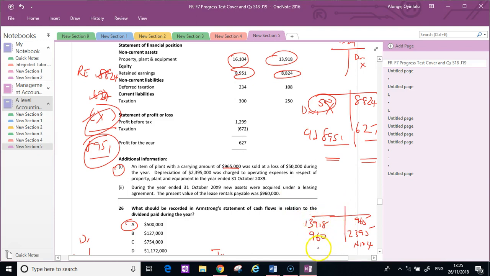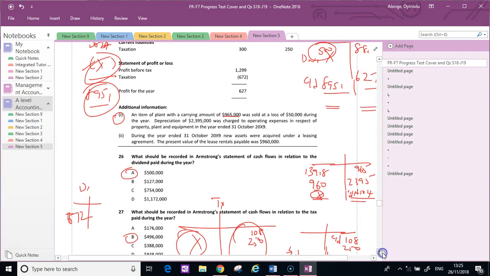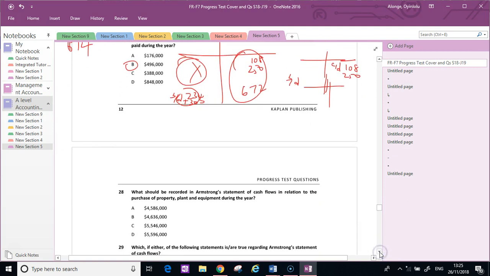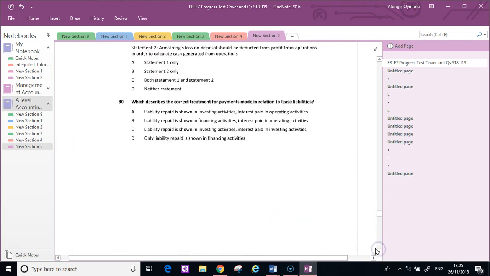So really, fundamentally, for anything else, we must have paid in cash, and that's what that is ultimately, because this is my carry down figure. So doing that, you should be able to find that figure, and if you do all that, you will get your answer of 4586. You literally just need to do a T account for these cash flows.